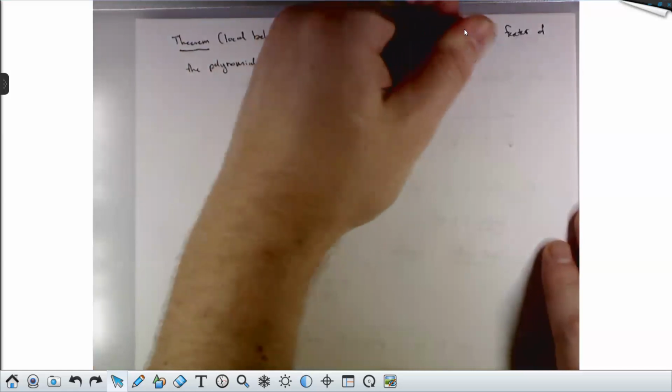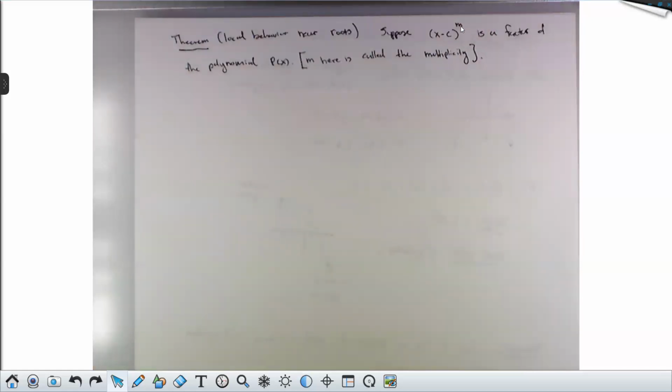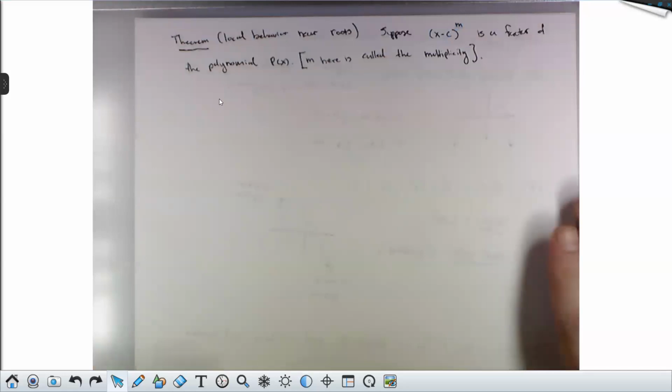And I'm assuming that p is totally factored. In other words, that there aren't any other copies of x minus c that we could still factor out. The parity of m, the even or oddness of this multiplicity, tells you how the graph behaves near that x-intercept.